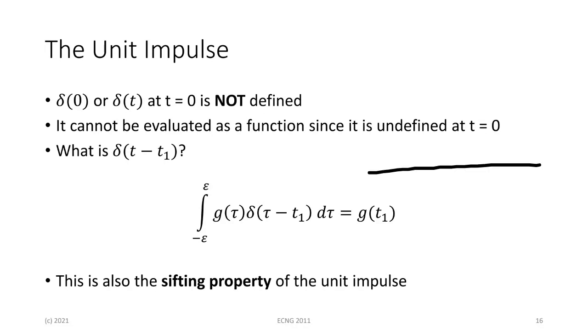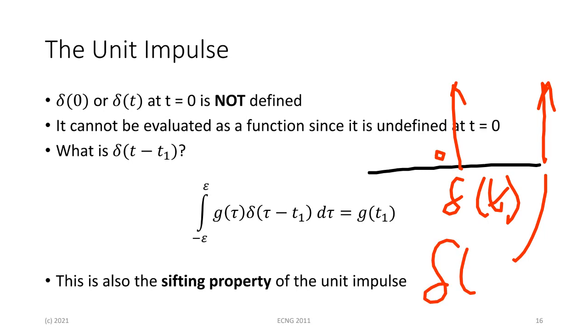If you had the original delta t, which means t equal to 0, and you delay it, this is delta t minus t1. All right? It's delayed. And delta t plus t1 would have sent the impulse the other way. Yeah?